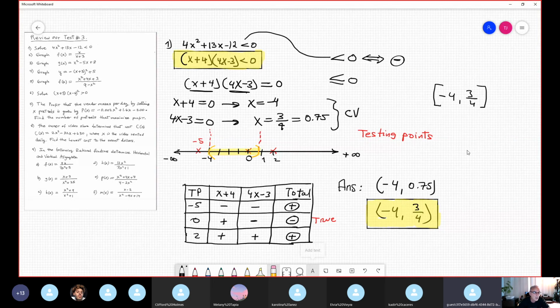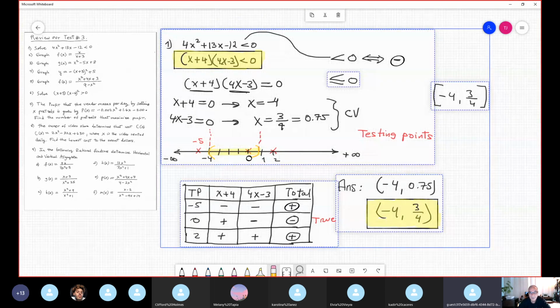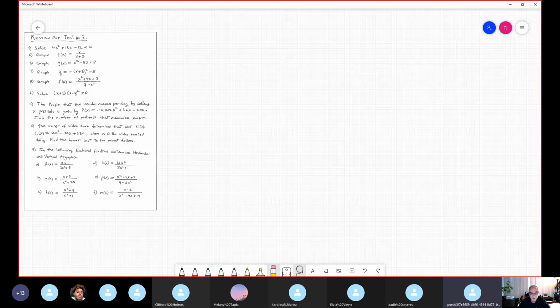Okay, questions 2, 3, 4, and 5 are graphs. And remember, I would like you to do them in decimals. But first, let's do it by hand on the whiteboard here, and after, you see my work in decimals. Okay, let's do number 2.